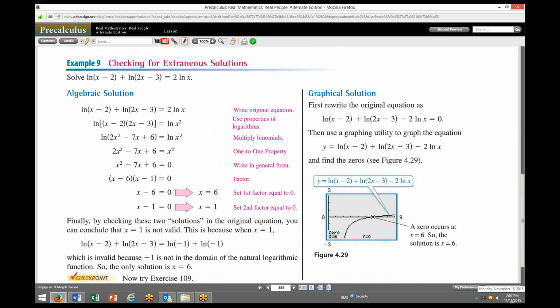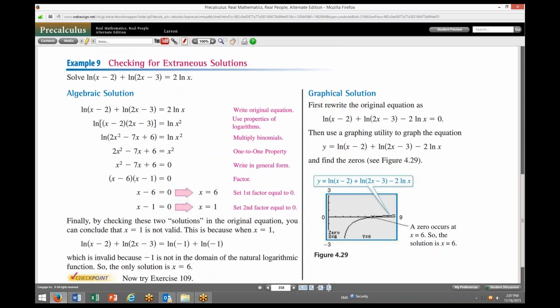And let's jump down to this one right here. On the screen in front of us, it says solve natural log of x minus 2 plus natural log of 2x minus 3 equals 2 times natural log of x. Now, this equation looks a lot more complicated than what we've been seeing, and in one sense it is. It has 3 natural log expressions in it.